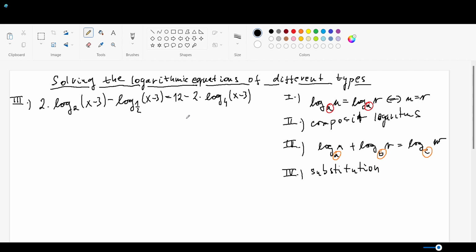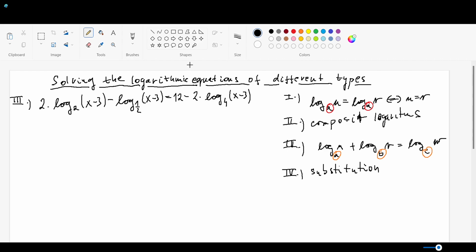But before I start solving this equation algebraically, I want to show you again what the result is when you solve it graphically, which means you sketch the function on the right side as well as the function on the left side.